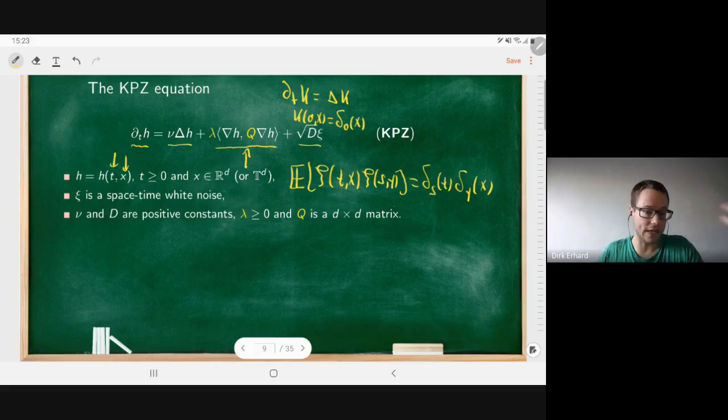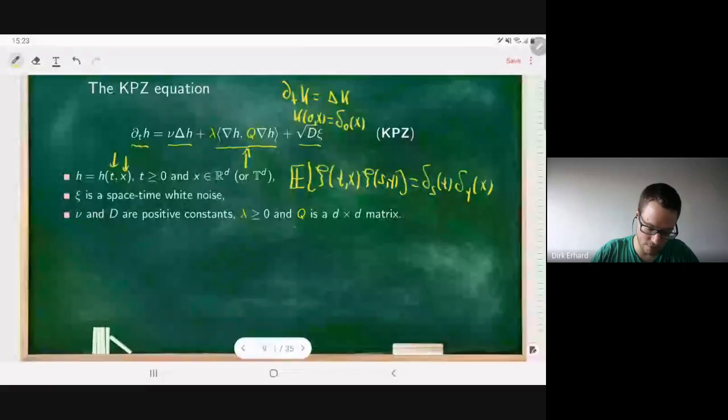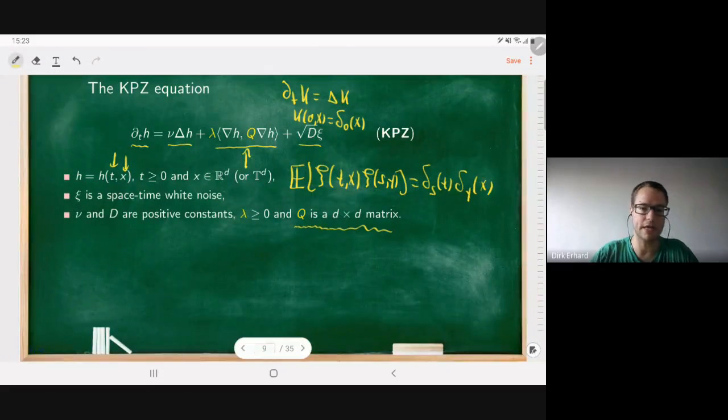Since the non-linearity depends on the gradient, it is a function of the slope, so slope-dependent growth or decrease. And then finally, with this Q here, this d by d matrix: in dimension 1 it is just a number, which you can absorb into lambda, but in dimension 2 and higher it's a proper matrix, and it modulates the way the slope dependence acts. That's a way to picture it.